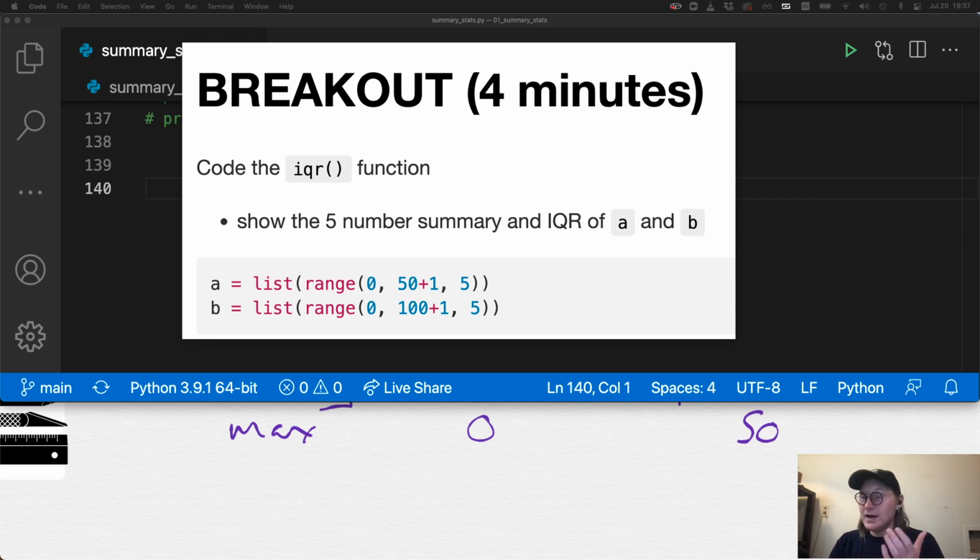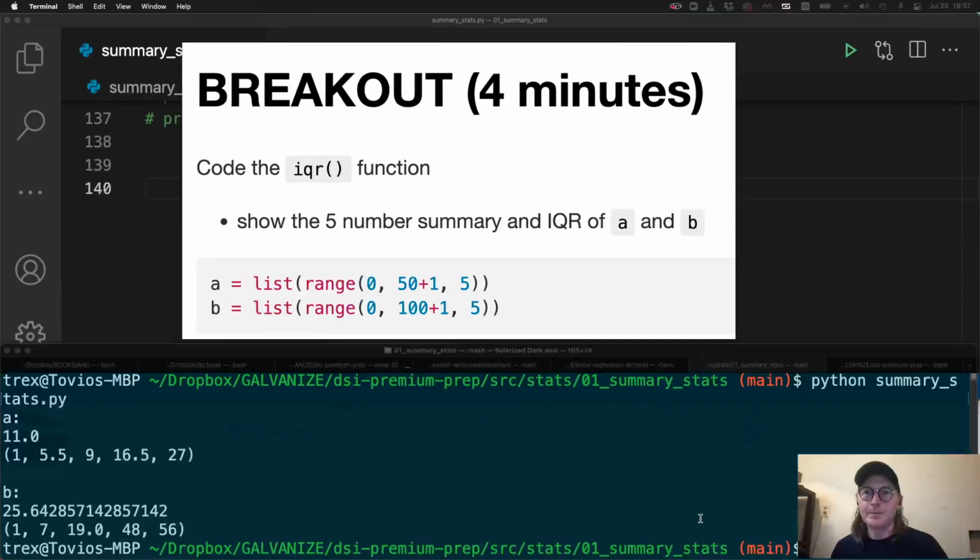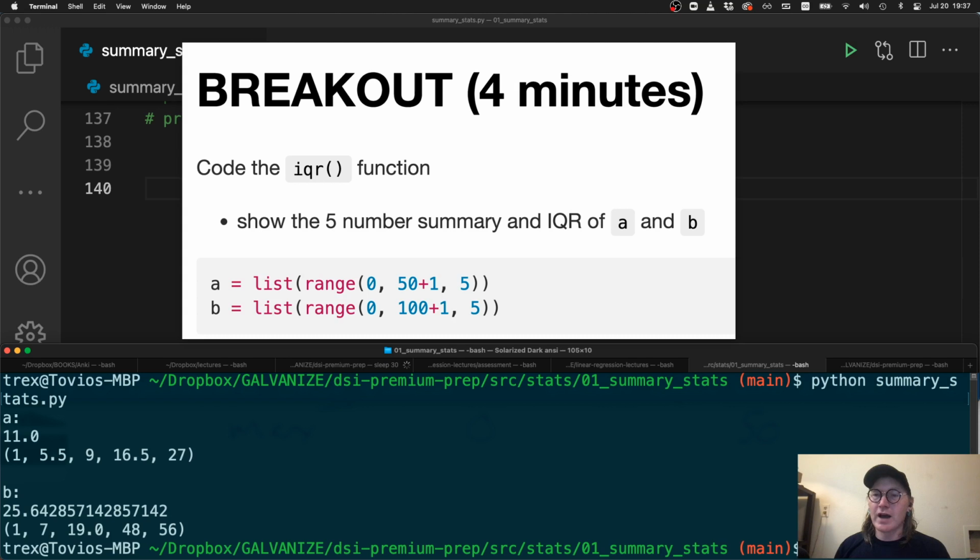But in the business problem you end up solving, often you're going to pick one over the other, depending on what you're trying to solve. Okay, go ahead and get started on that. I'm going to set a timer for 4 minutes. Your IQR function is going to utilize the 5-number summary function, and remember, IQR is simply Q3 minus Q1.